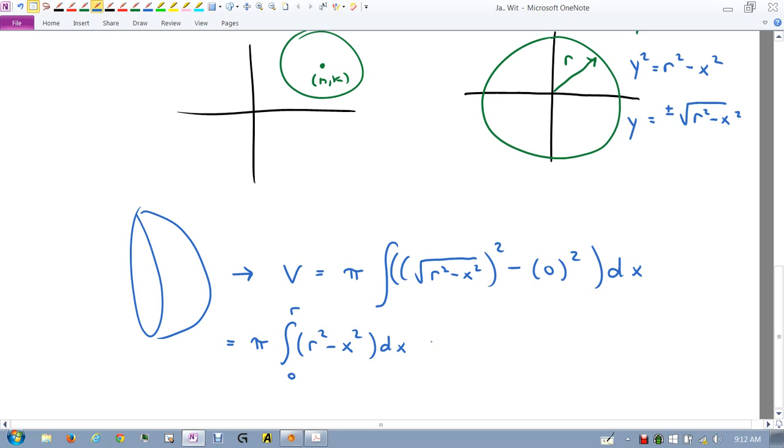Also notice I'm going to bring my pi with me, the pi that was out front. And then what's the antiderivative of x squared? 1/3 x cubed. That's our antiderivative. We're going to evaluate from 0 to r. I'm out of room here, so I'm going to bring this with me to the next page.